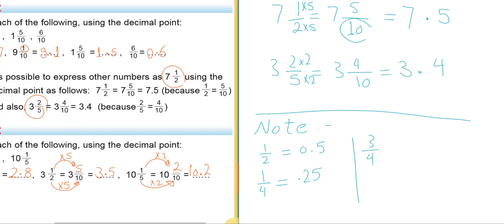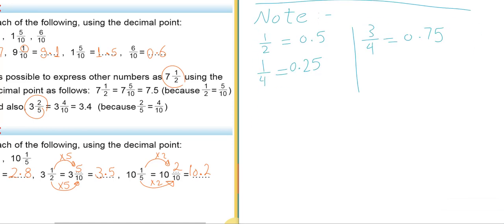Sorry, 0.25. 3 over 4 is 0.75. Okay, and I will repeat this next time when we complete the decimal numbers.